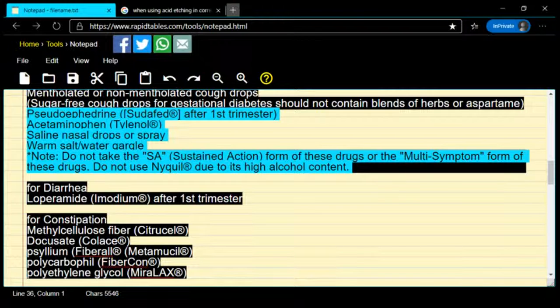The pseudoephedrine, or Sudafed, very important drug.